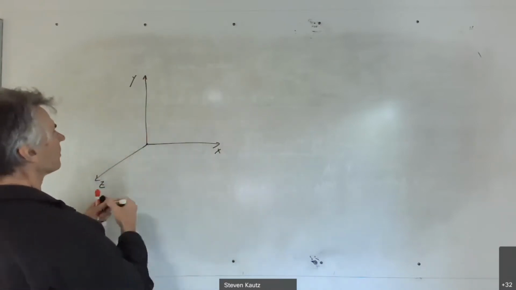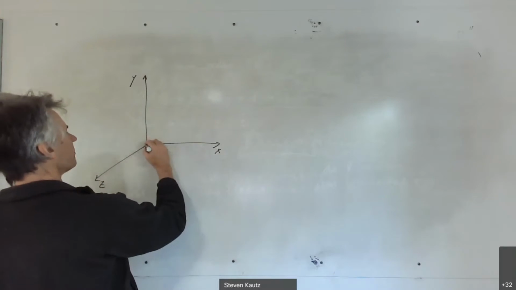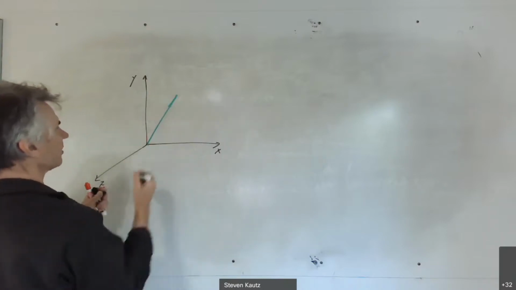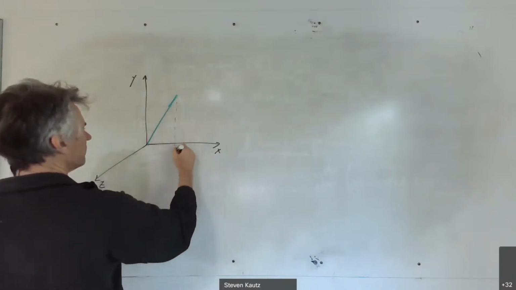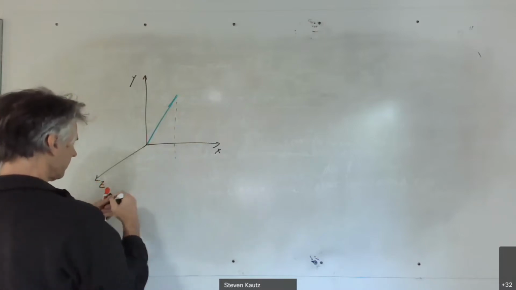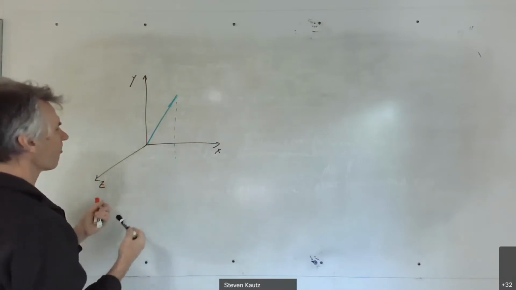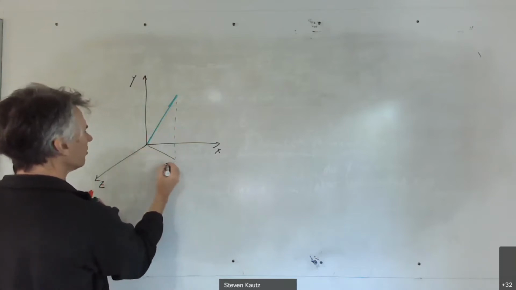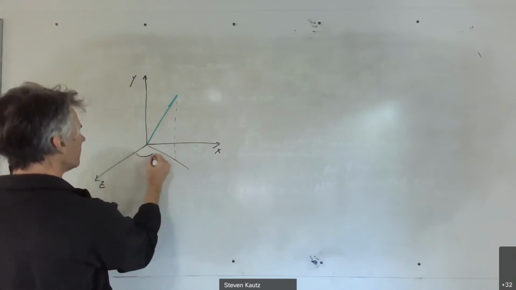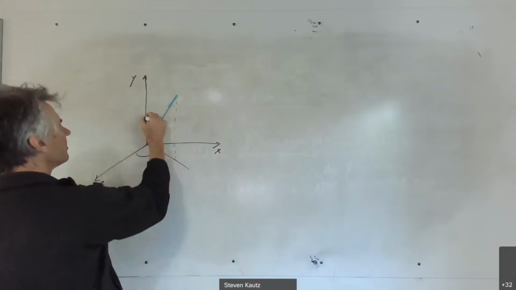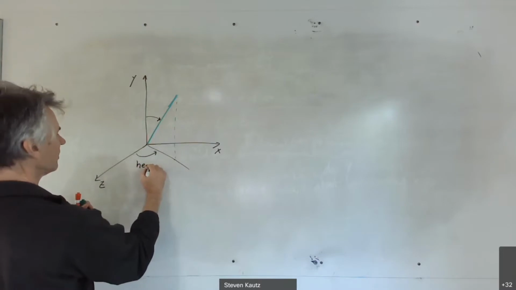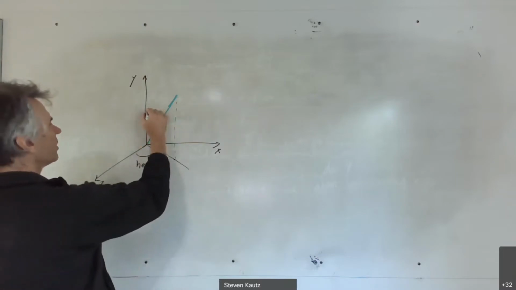What I'm trying to do is imagine the y-axis pointing up at some other angle. The way that angle is described is that I have done some amount of rotation this direction, and some amount of rotation this direction. This is our head angle, and this is our pitch angle.